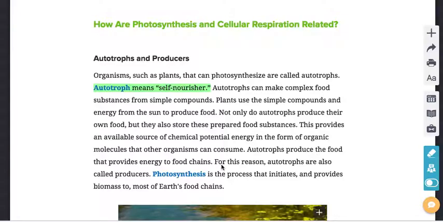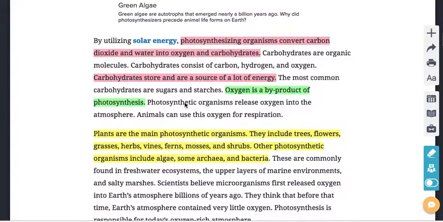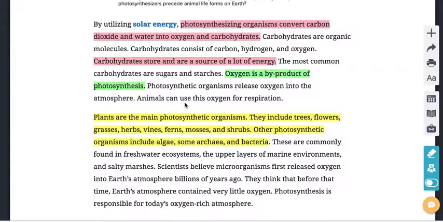So this process is done through photosynthesis, and there's certain organisms that can do that. They do it by basically harnessing solar energy and using that energy to complete that reaction.